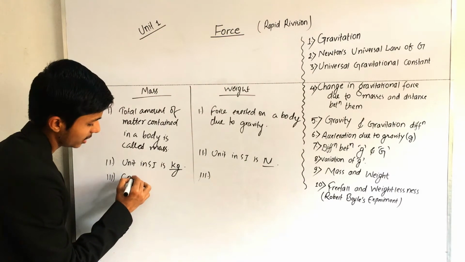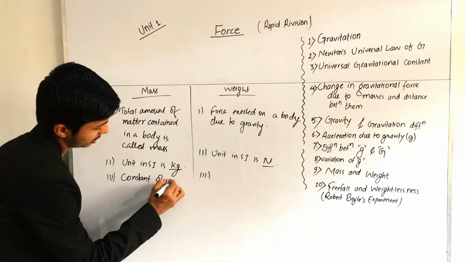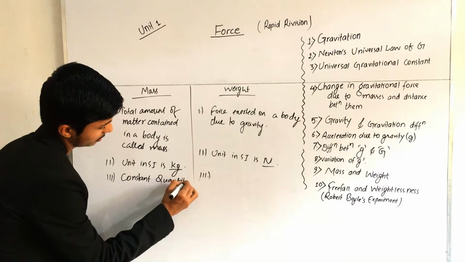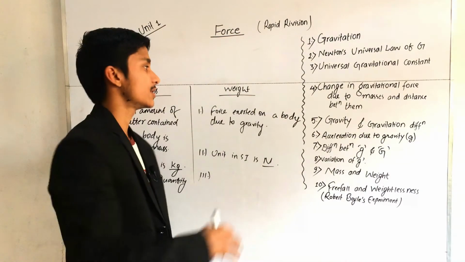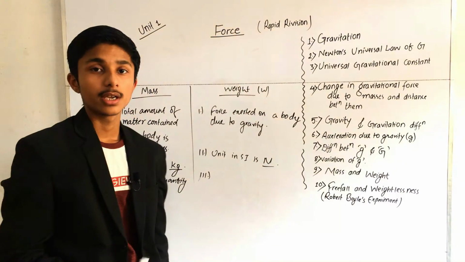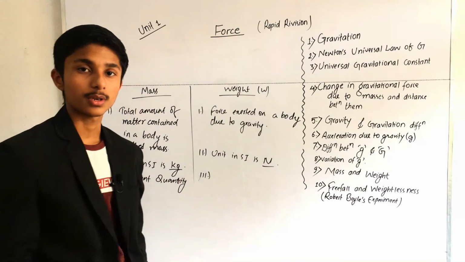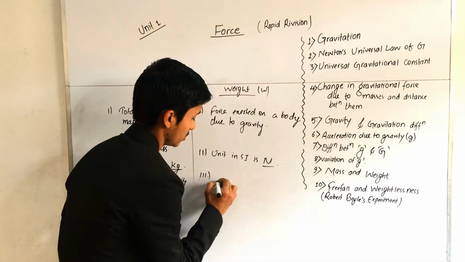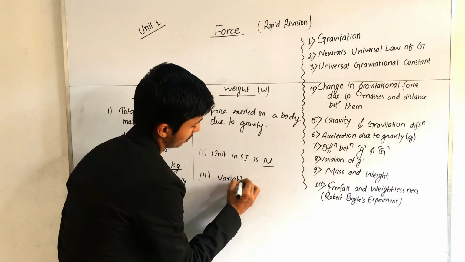So we can write it is a constant quantity. And the value of W, that is, it is denoted by W. The value of weight gets changed place to place. So we can write here weight is a variable quantity.